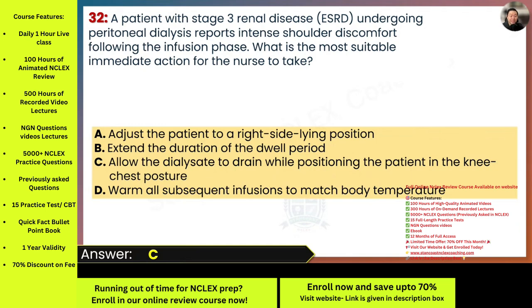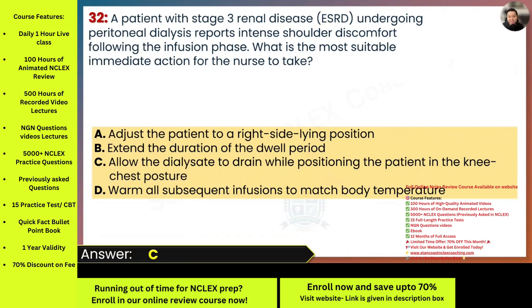So your goal in this scenario is to remove the dialysate, which will help release the air from the abdominal cavity. And so the knee chest posture is the most effective position for this, because this will encourage the air to move to the lower part of the abdomen where it can be expelled more easily. And this is going to address the pain.